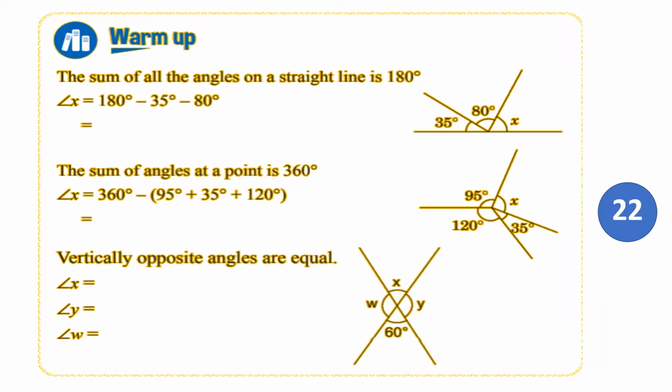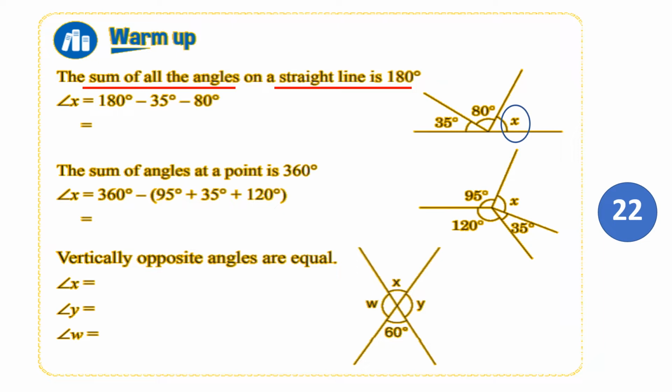Okay, warm up. The sum of all angles on a straight line is 180 degrees. Say it: the sum of all angles on a straight line is 180 degrees. To solve for angle x, angle x is equal to 180 for all angles, then you subtract 35 and 80.